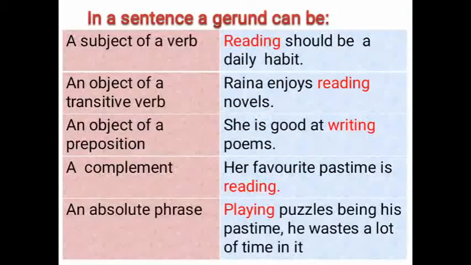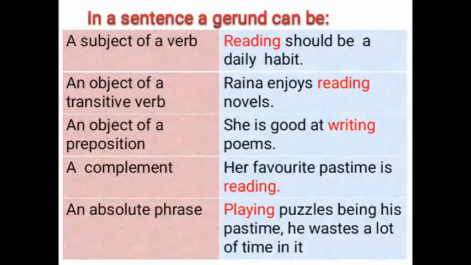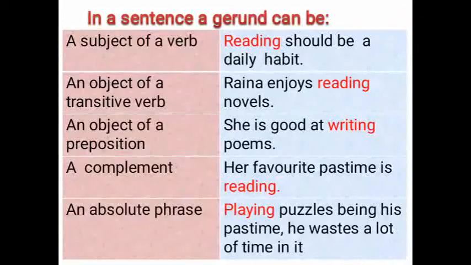So a gerund which acts as a noun can be placed in different parts of a sentence, because a noun can be present in different parts of a sentence. The first example, as we have already learnt, is that a gerund can be used as a subject of a verb. For example, reading should be a daily habit. What should be the daily habit?